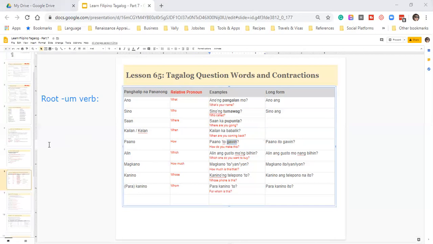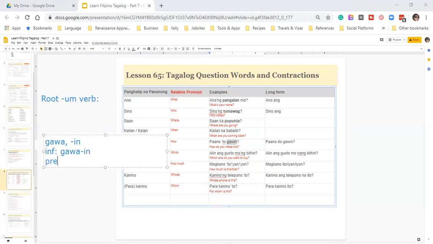And we can use it this way. For example, can you use the present tense of gawin? Do you remember how to form them? Let's do this with in. So gawa. What is the infinitive of gawa? Gawa plus in. You add it at the end.